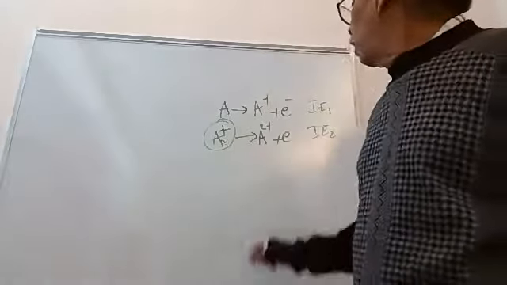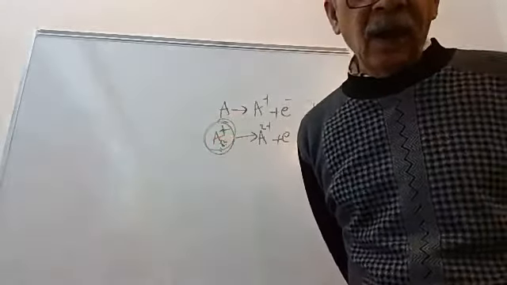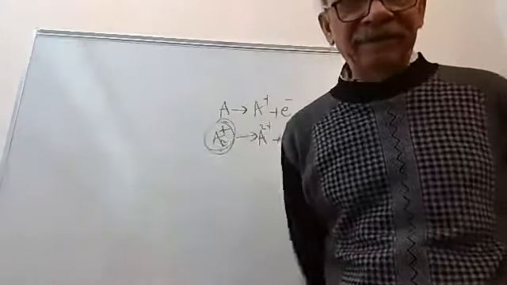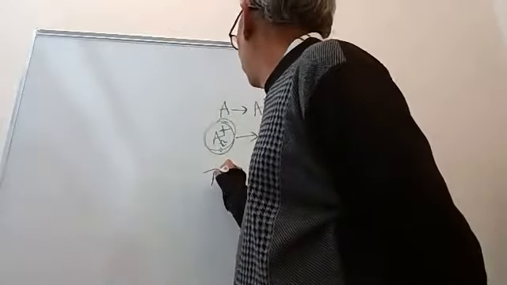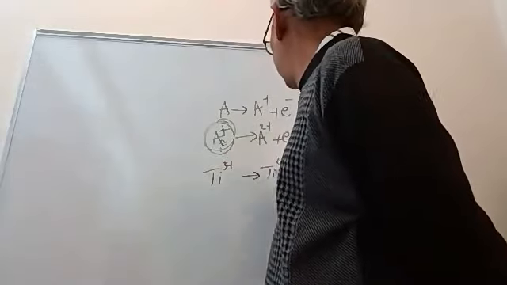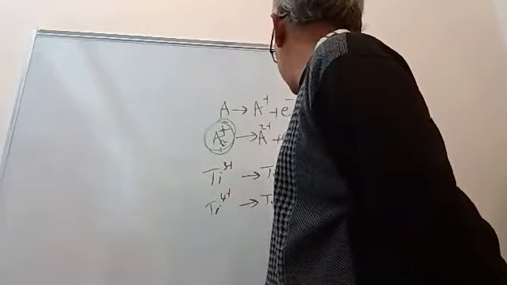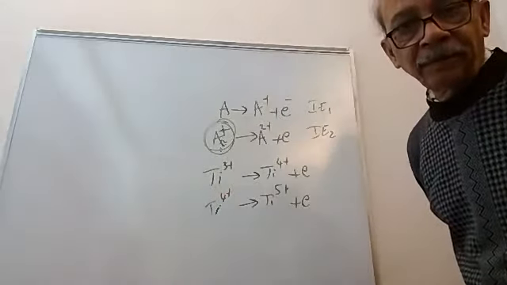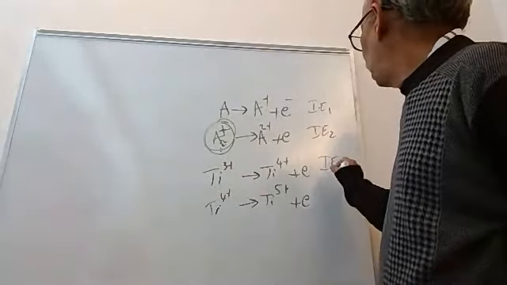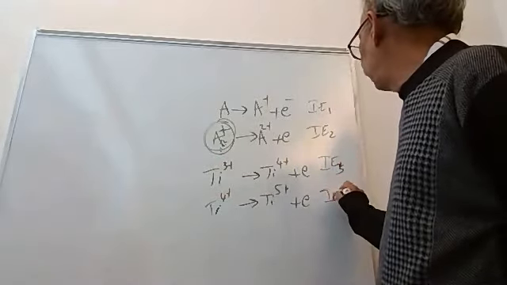And anytime the electronic configuration of any of these ions is close to a noble gas configuration, the corresponding ionization energy will be even larger. So for example, if I go from titanium 3 plus to titanium 4 plus and an electron, and titanium 4 plus to titanium 5 plus and an electron, this is IE3 here, and this is IE4.